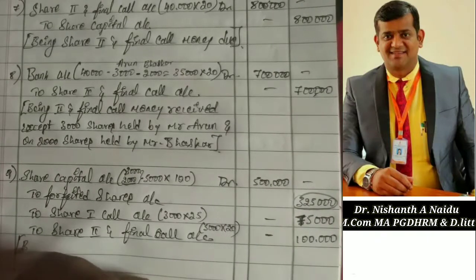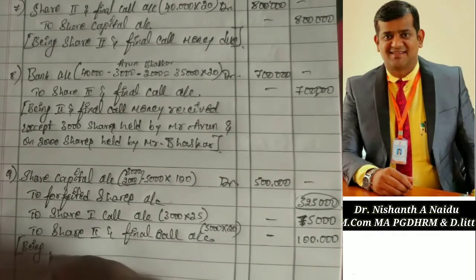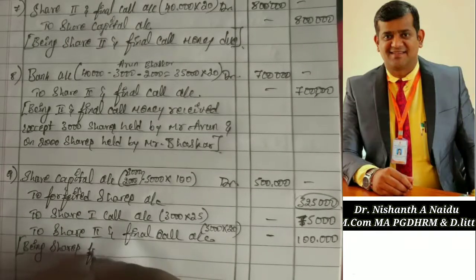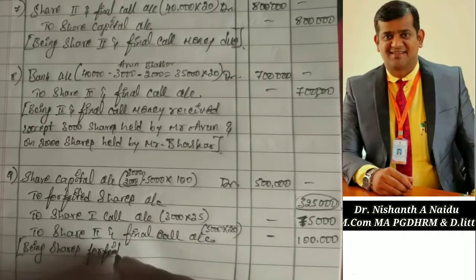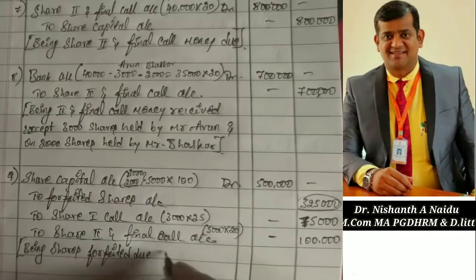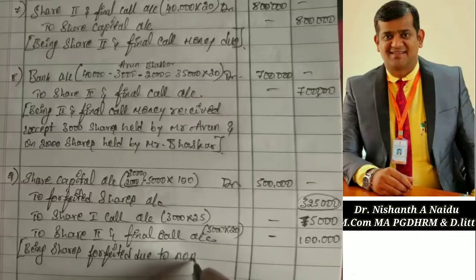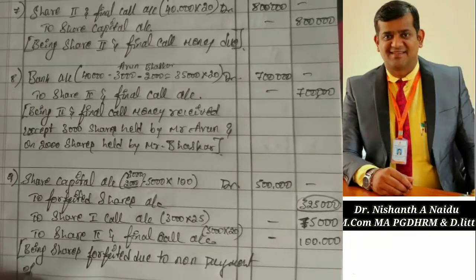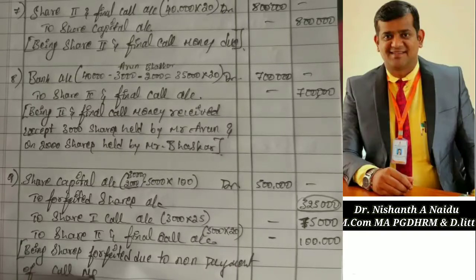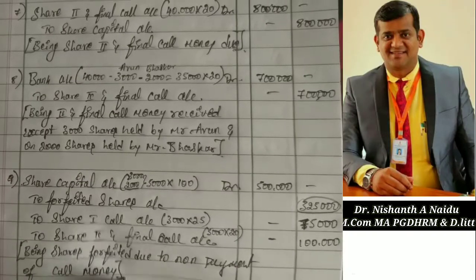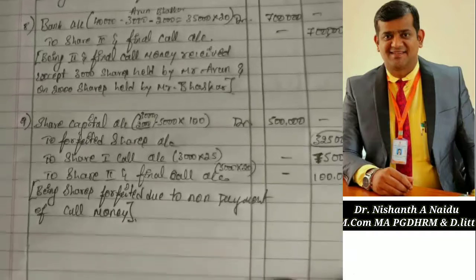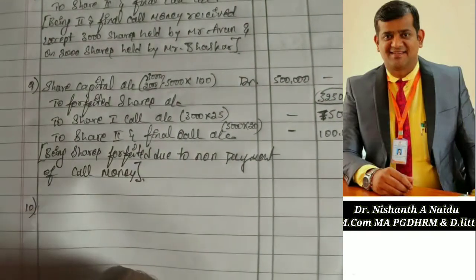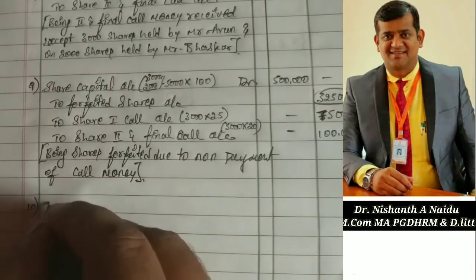So write being shares forfeited due to non-payment of call money. So next is the 10th journal entry, that is reissue entry.